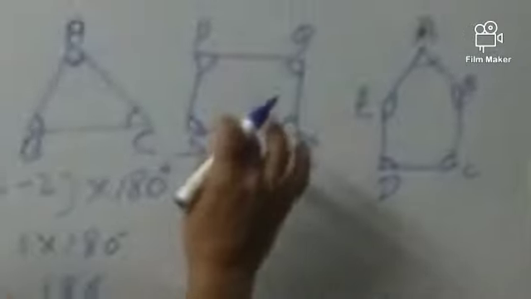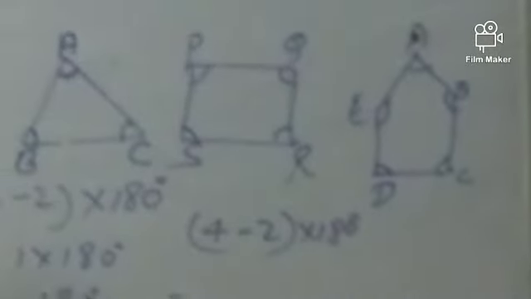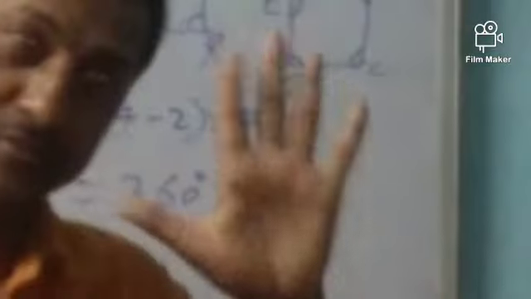Similarly, when we talk about a quadrilateral, how many sides? 1, 2, 3, 4. So we write 4, subtract 2 and multiply by 180 degrees. 4 minus 2 is 2, into 180 degrees, so it is 360 degrees. Again similarly for a pentagon, there are 5 sides.